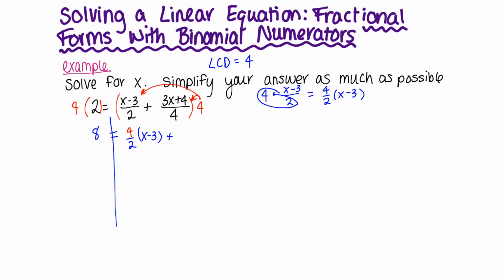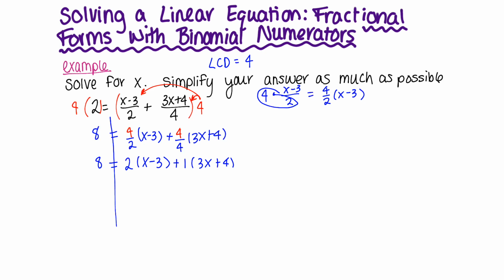And then on the second one, you have 4 over 4 times 3x plus 4. So simplifying, 4 divided by 2 is 2, so 2 times x minus 3. 4 over 4 is just 1, so 1 times 3x plus 4.